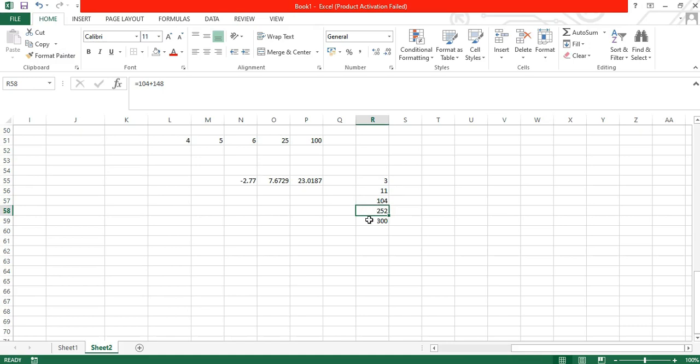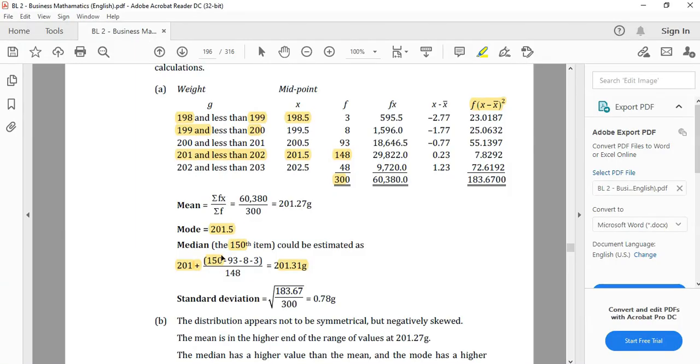Within that range, the 150.5th item is available. The class starts with 201. Then you take 201, add 150, the 150th item that we found, minus the previous frequencies 93, 8 and 3, divided by 148, the frequency of that particular class.